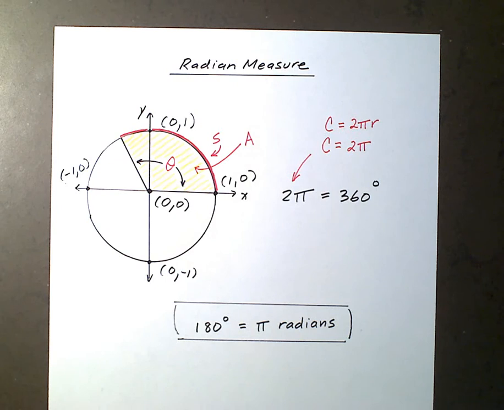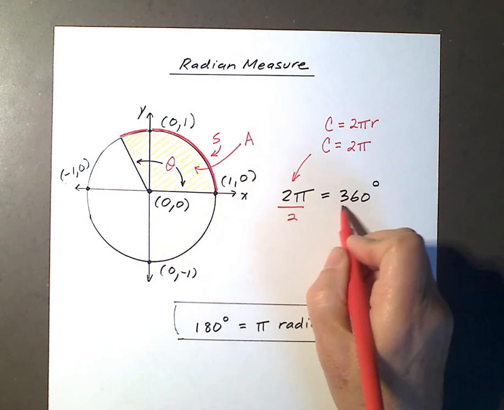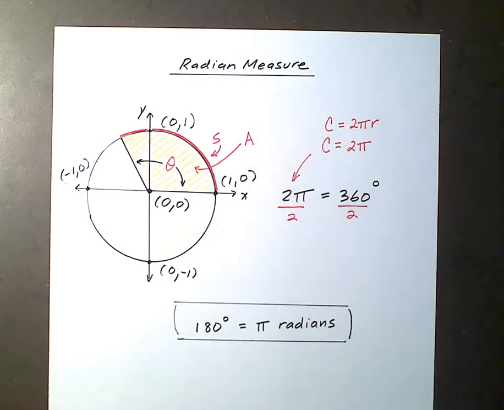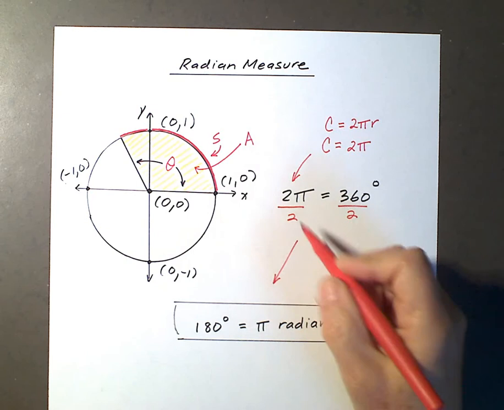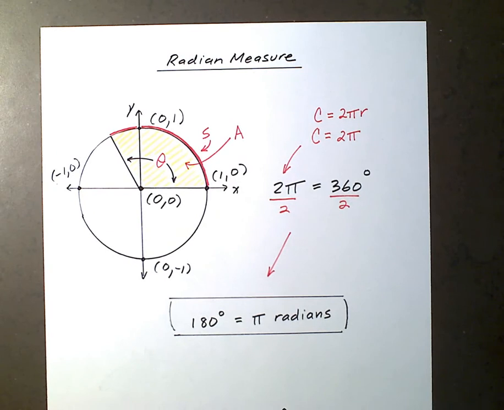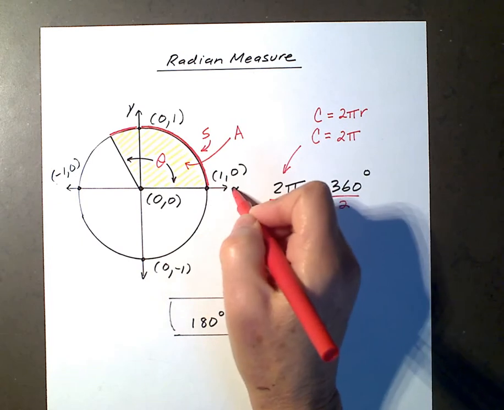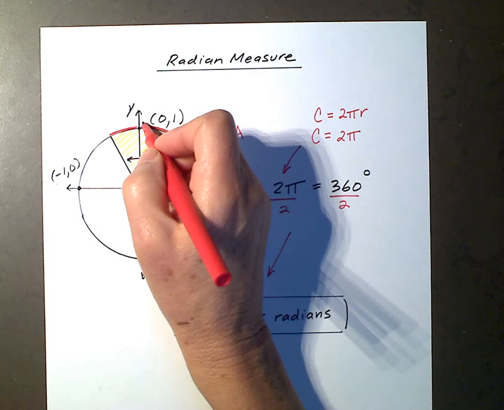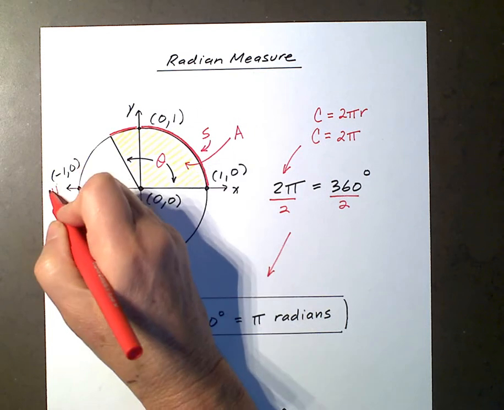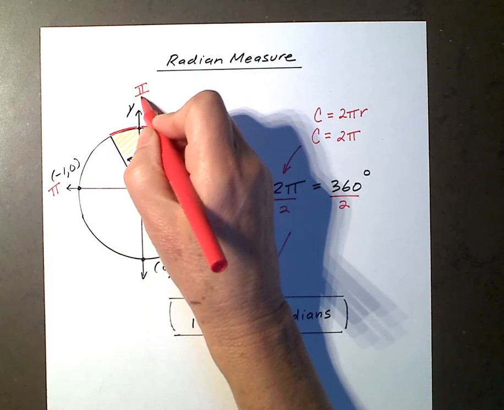So from this 2 pi, if I divide both sides of this equation by 2, I get that pi is equal to 180 degrees. So this makes it really convenient for us to measure what part of a circle we're dealing with, in terms of a semicircle or a whole circle. So if this is 0 radians here, or 2 pi when I've gone all the way around, and this is pi radians over at 180 degrees, then up at 90 degrees is half of pi, or pi over 2 radians.